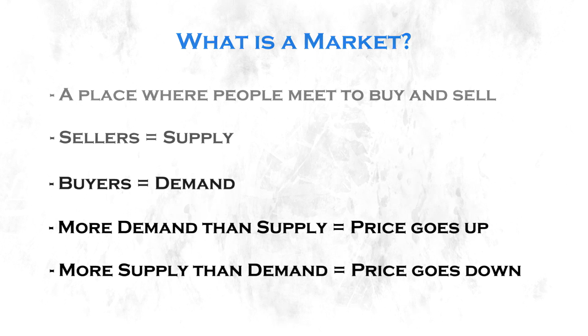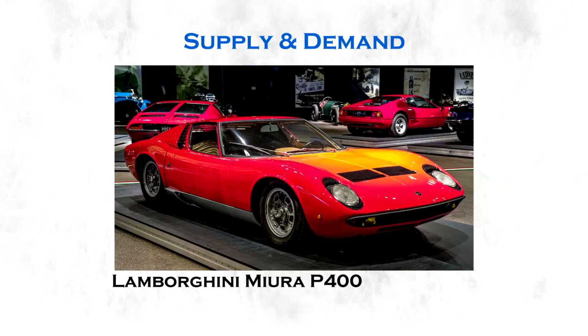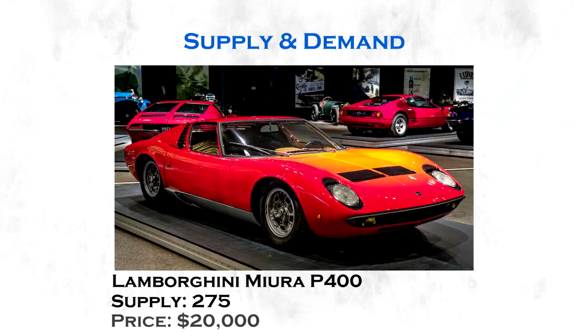Let me give you an example of supply and demand for a classic car like the Lamborghini Miura. Exactly 275 of the model P400 were produced between 1966 and 1969, and the price was around $20,000, which equals around $157,600 today.